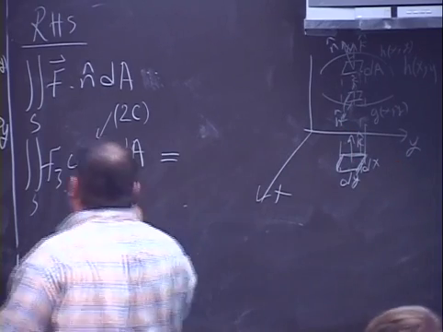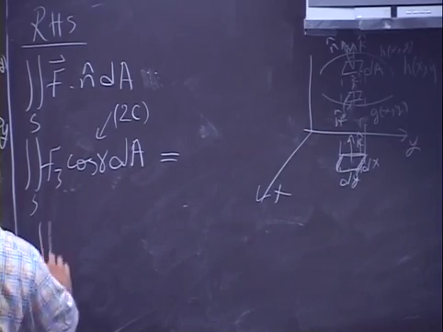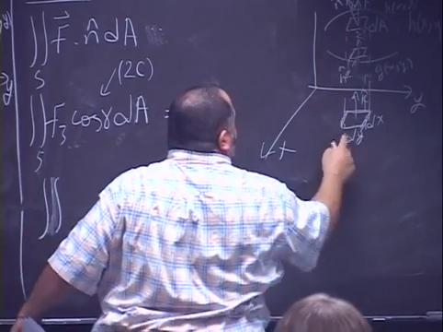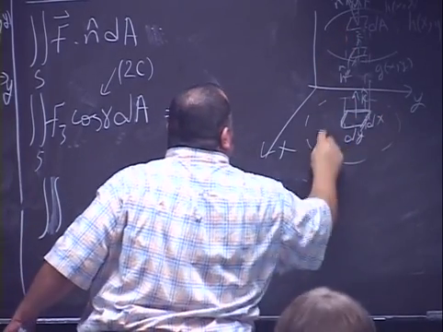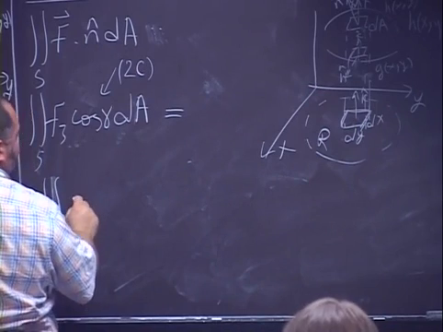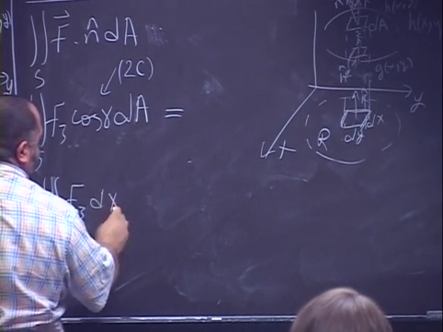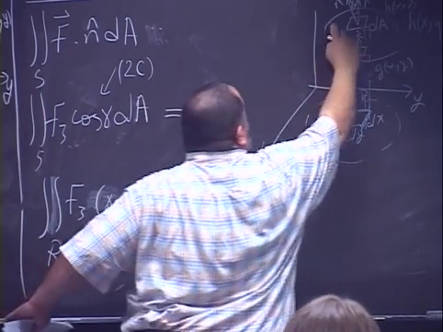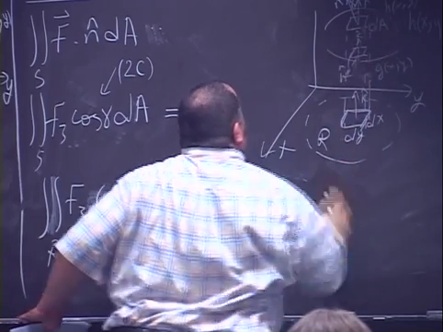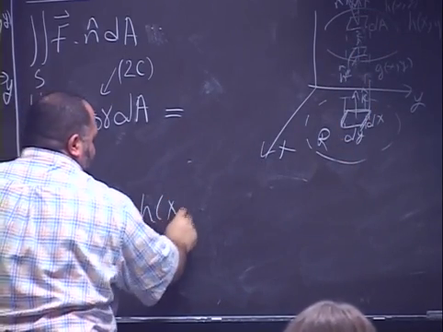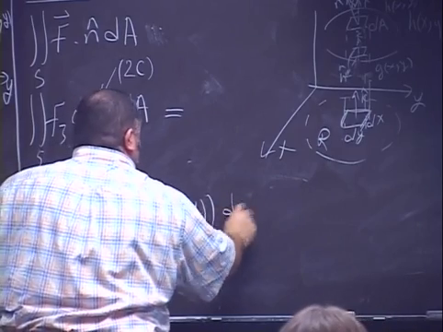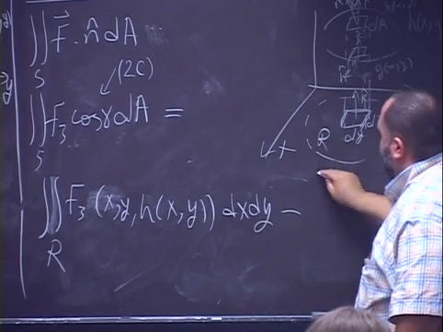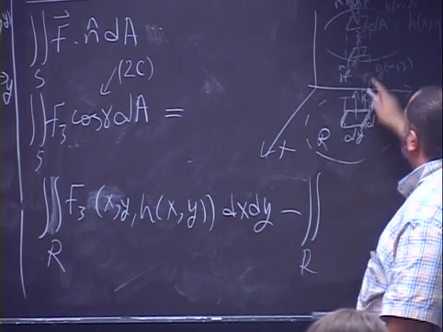So now, when I decompose this, it will give me what? Instead of integrating over S now, here I am integrating over what? Over R, and it will give me what? F3 evaluated at what? x, y, and in this surface, z is equal to what? dx dy, and here is the minus sign when I evaluate it at the lower part here.